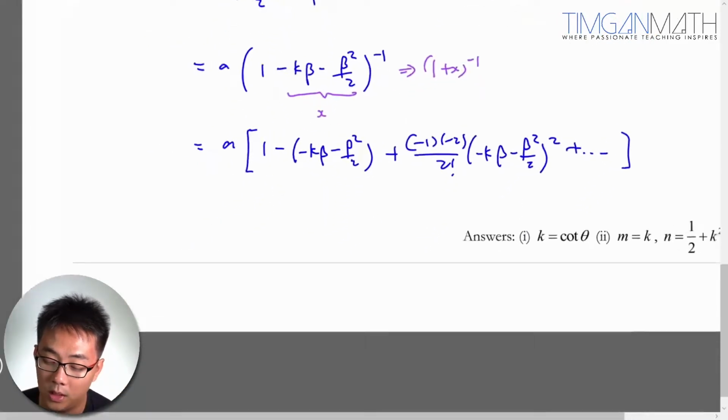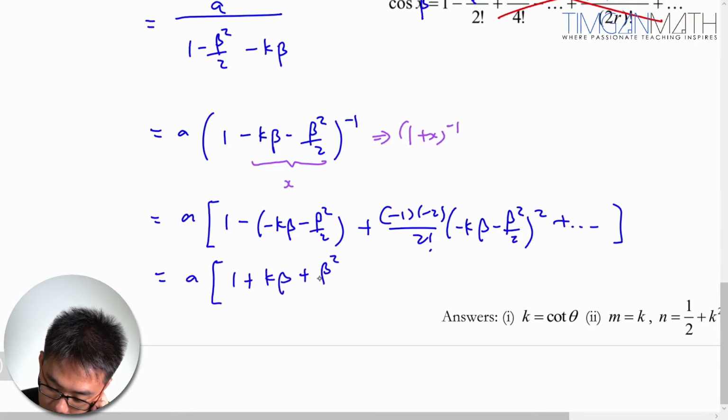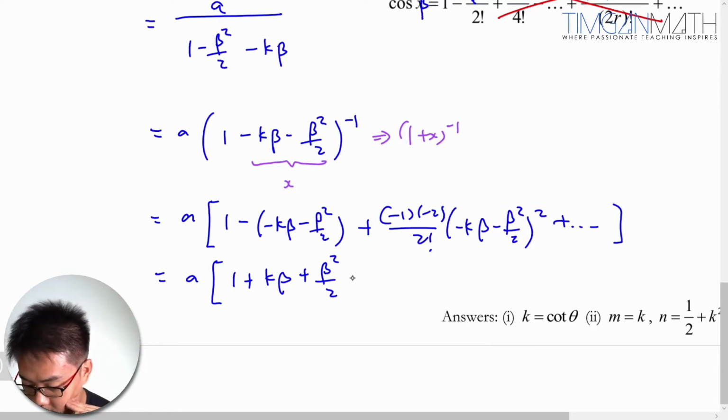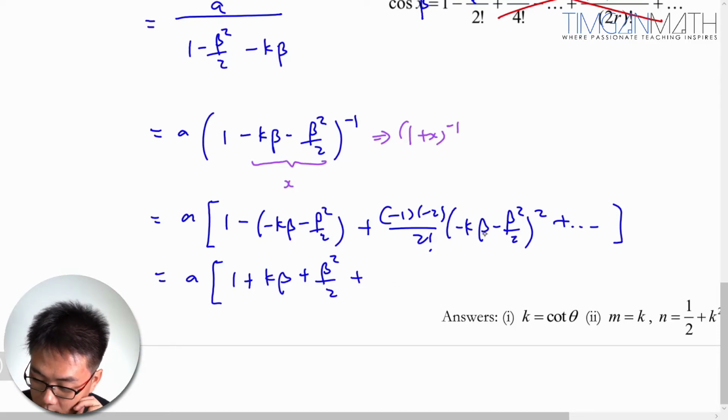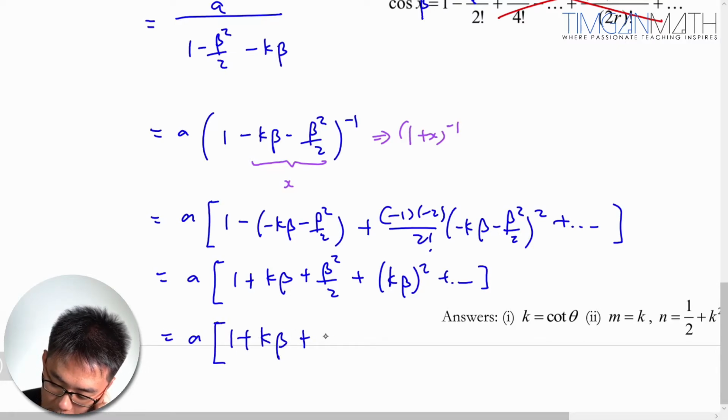By the way, because you only need until the square of the expression, you don't really need the cube; this is 1, and you only expand this. Cube is regardless, so this is b square as such, right? So this is a(1 + kβ + (k square plus half)β square).